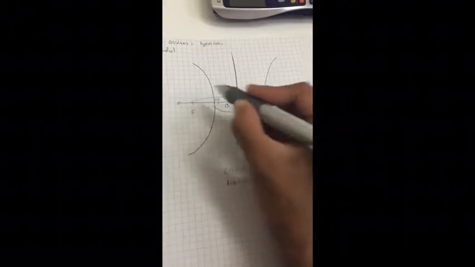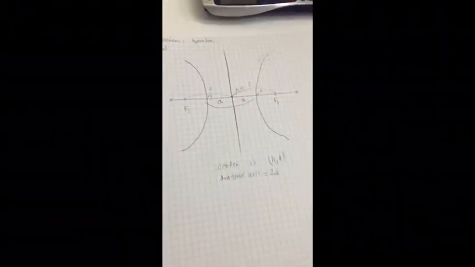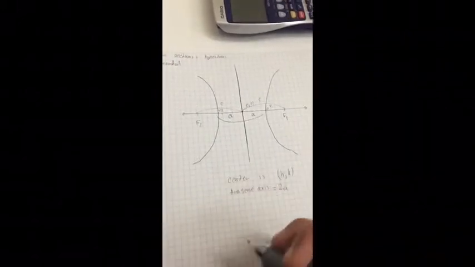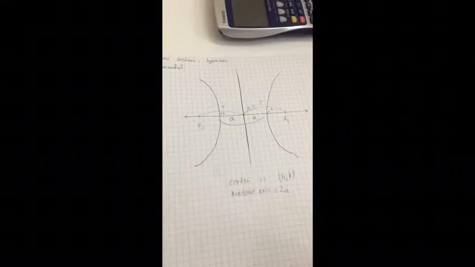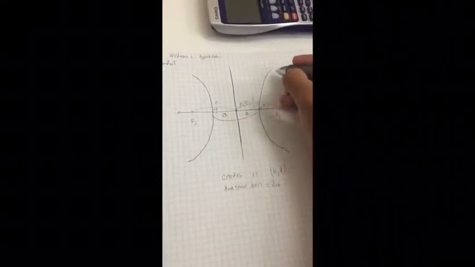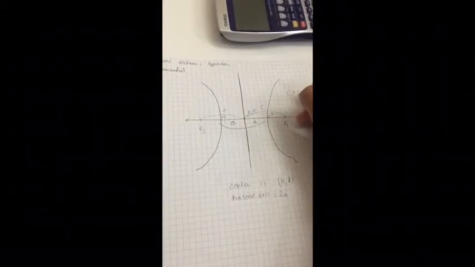The distance between f2 and the center is also called c. So here, as we can see, c is greater than a. In the hyperbola, c is always greater than a.